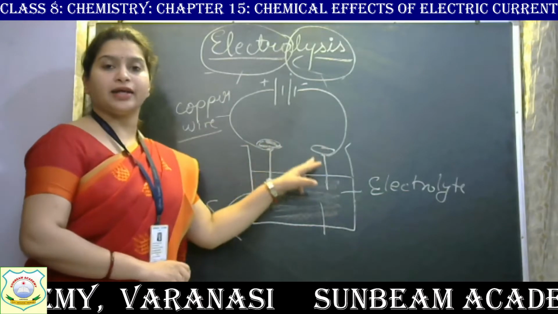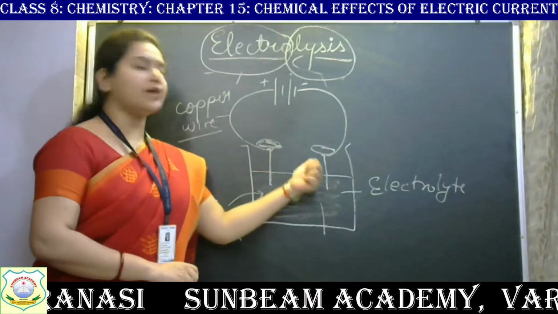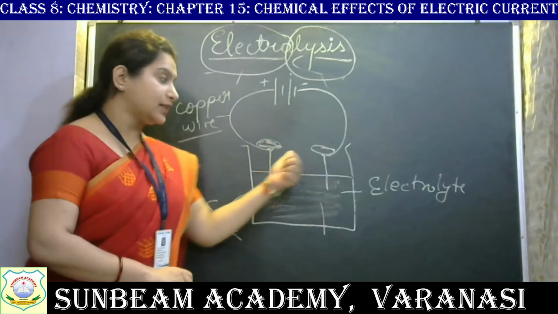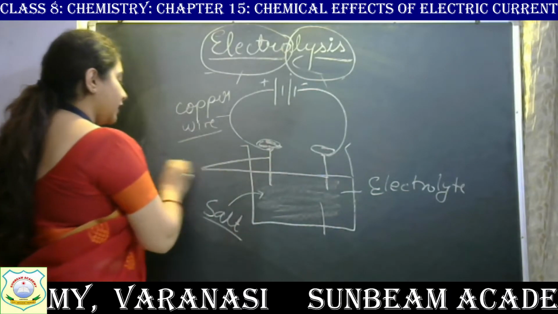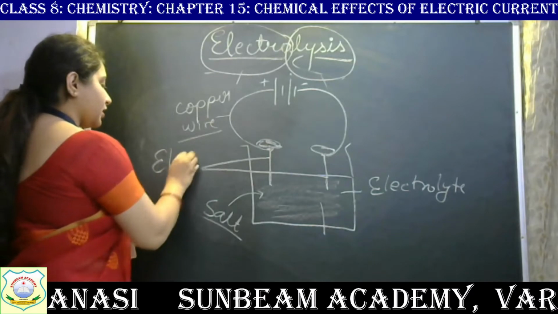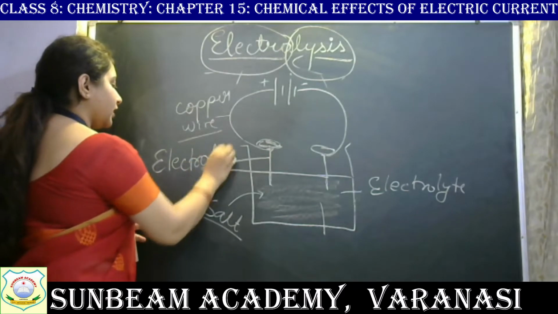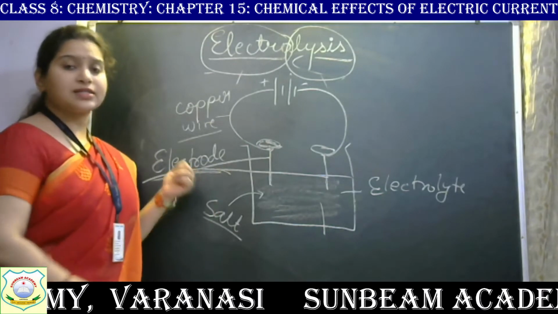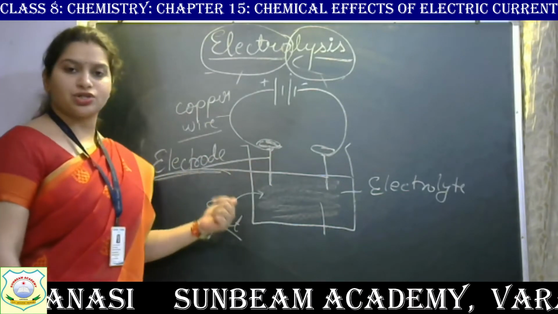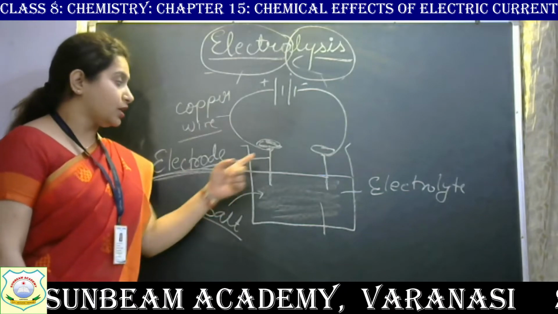These 2 iron nails that we are using as the positive and negative terminals are called electrodes. क्या बोलते हैं इसको? Electrode. Getting it? Children, please get familiar with these 2 terms. It is very important.